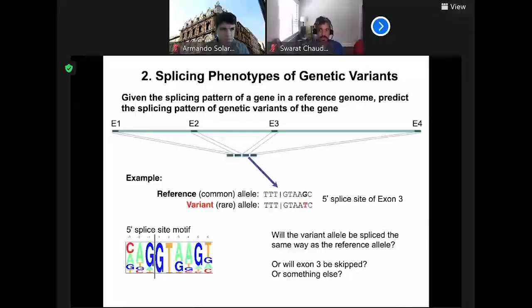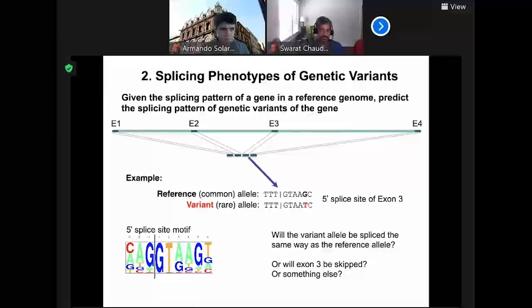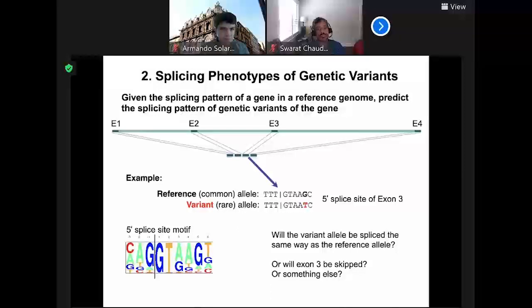So the second major challenge I'd like to highlight is the prediction of splicing phenotypes of genetic variants. Rather than predicting where the exons are de novo, you may be given, let's say, exon 3 of a particular gene, and there's a known genetic variant, a position in the genome where people differ from one another, either patients with a particular disease or just natural variation in the population.